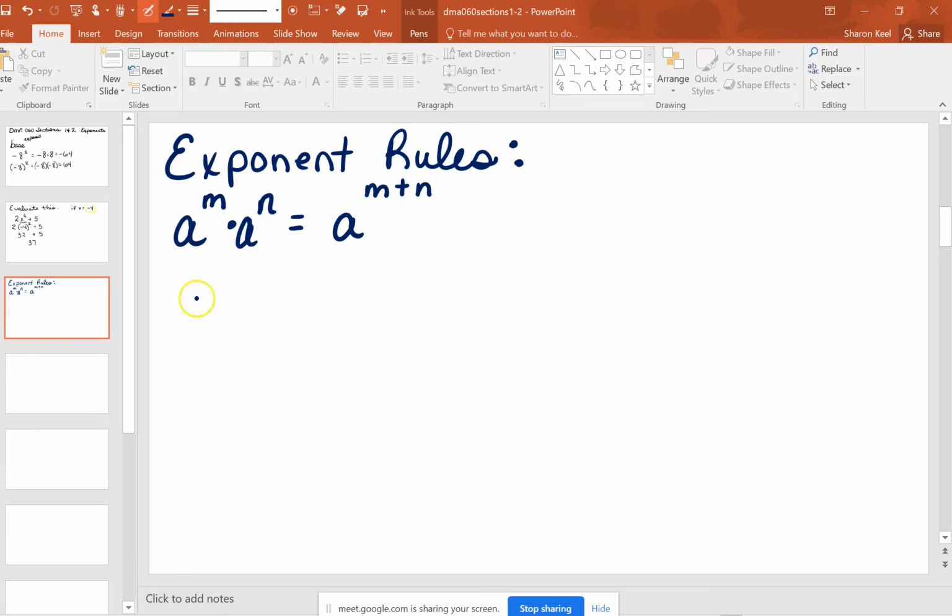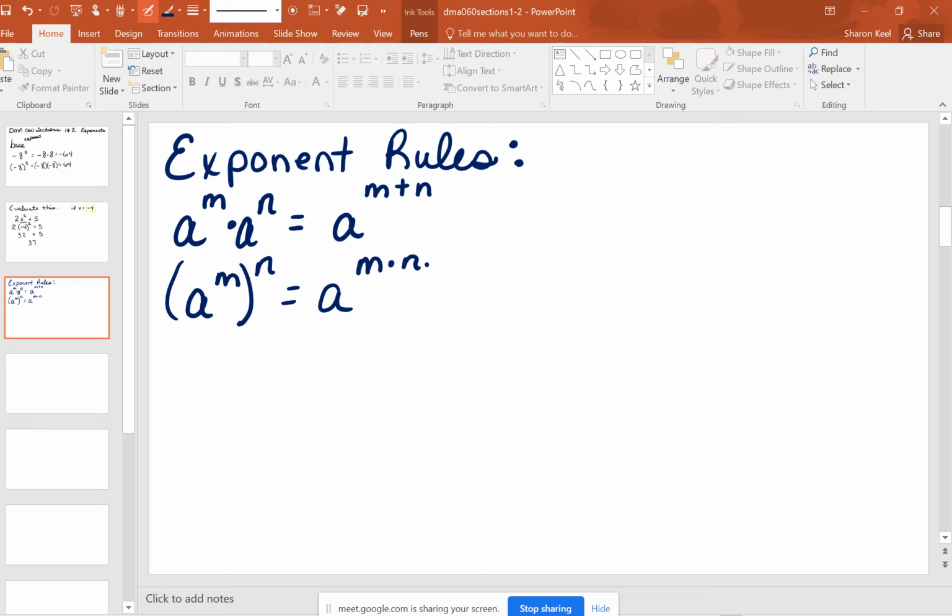If you have a base and you have what's called a power raised to a power, we are going to multiply the exponents.